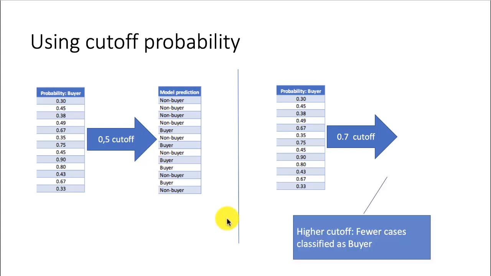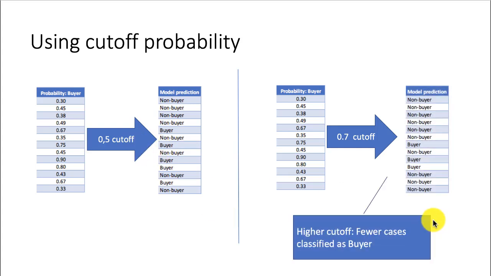So obviously you expect fewer cases to be classified as buyers, right? So for example, let's take a case which was between 0.5 and 0.7. Here is a 0.67, which was earlier classified as a buyer. Now the 0.67 has become a non-buyer. That's because our threshold or cutoff is now 0.7, not 0.5.